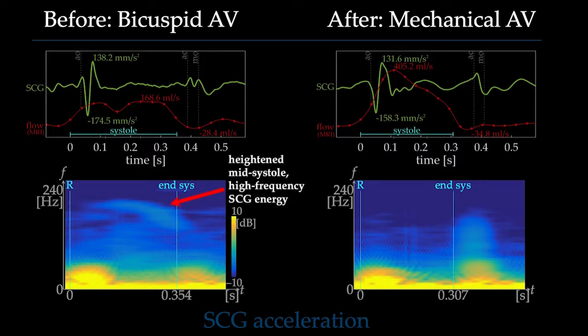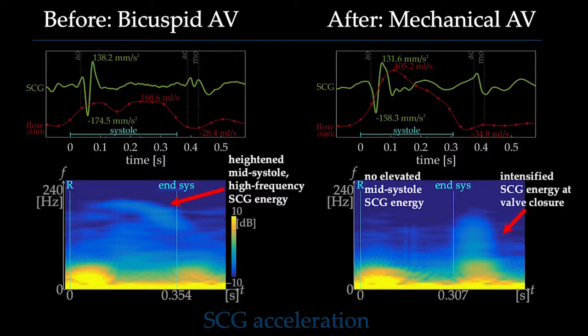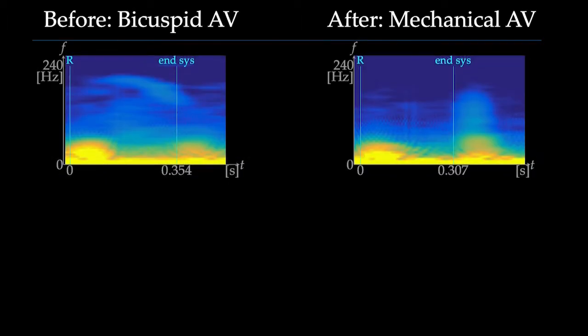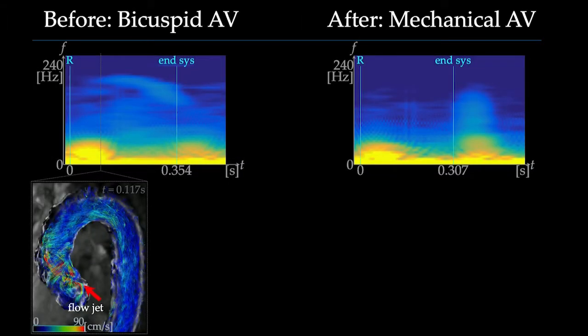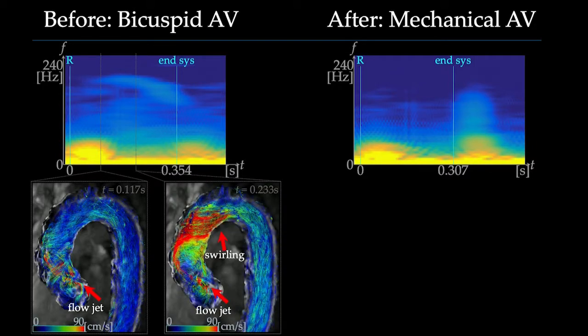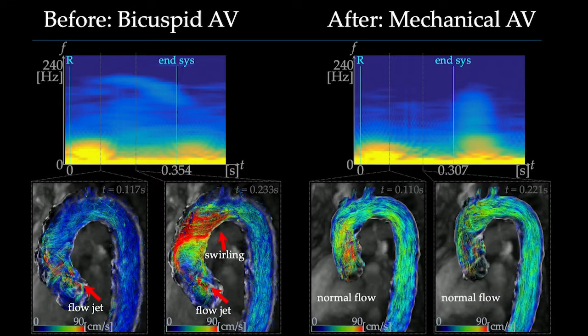And we're seeing some elevated energy in the SCG signal that shows up through systole. And after the valve replacement, that energy is gone when the flow has been restored to normal. There is a more intense valve closure, as you might expect with a mechanical valve. And you can support this kind of interpretation by looking at the 4D flow streamlines through the cardiac cycle.